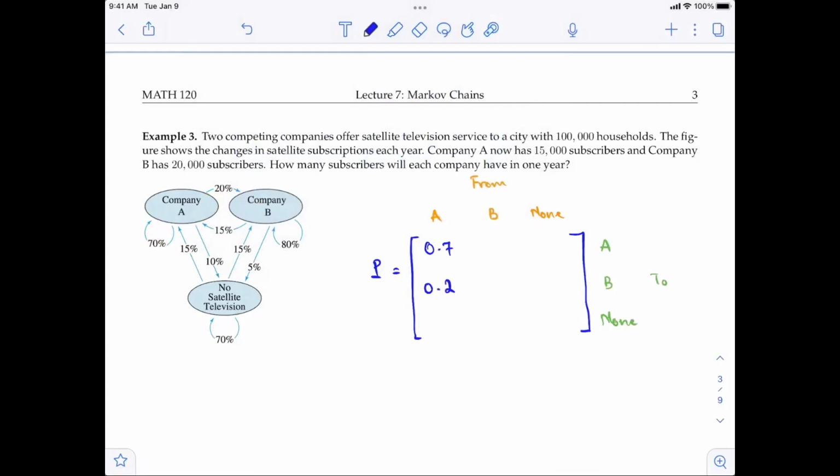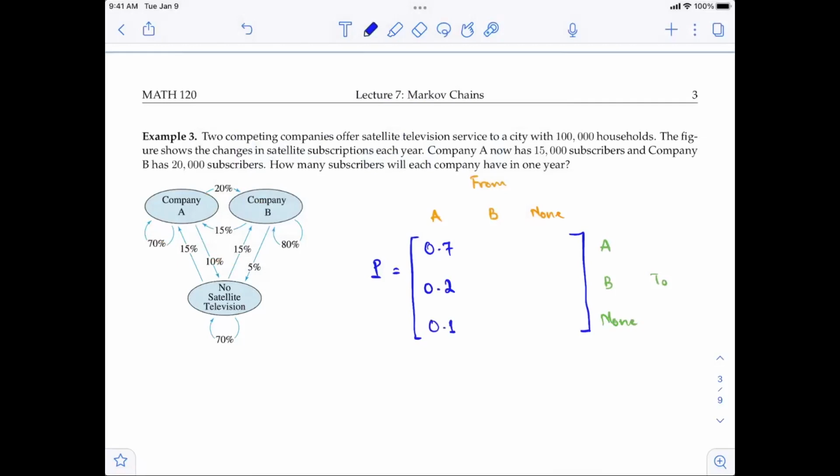So that is 0.2. And there is a 10% chance that someone using company A can decide to cancel the subscription altogether and use no satellite television. And there is a 10% chance that could happen. So this is 0.1.